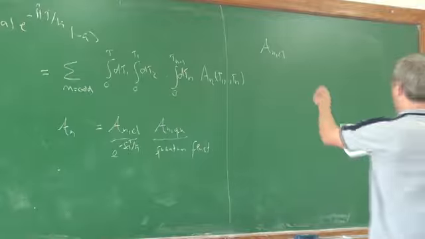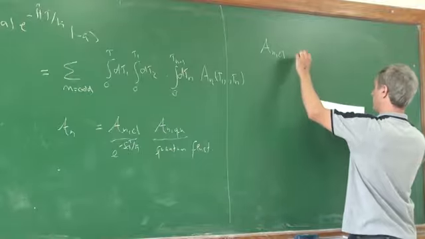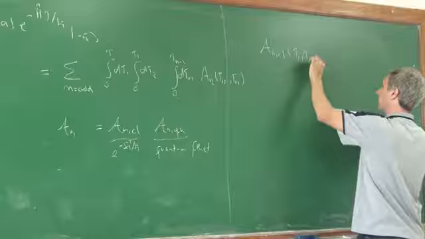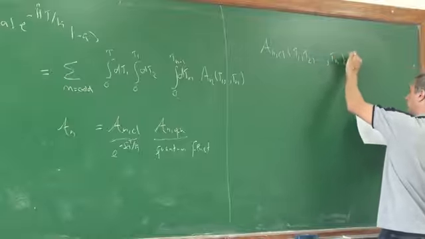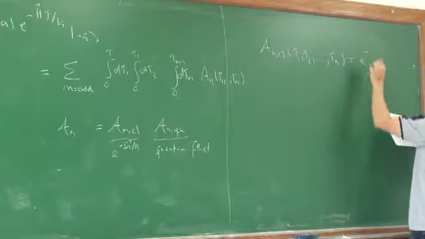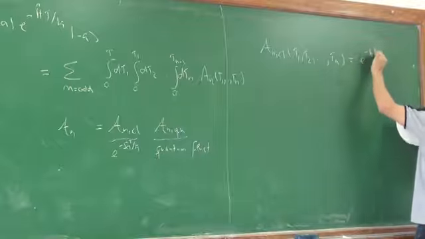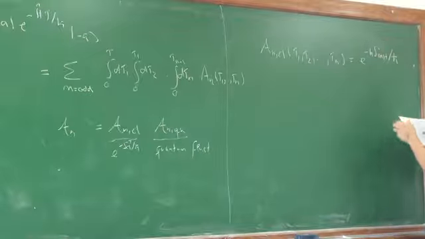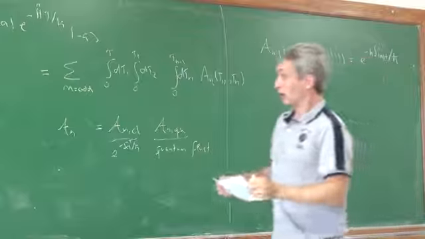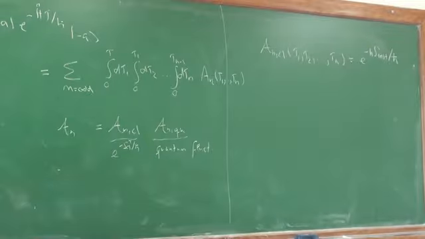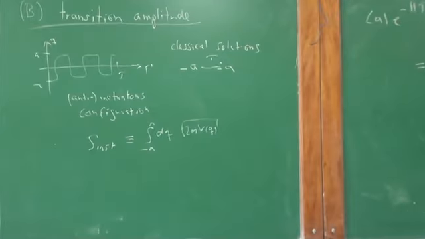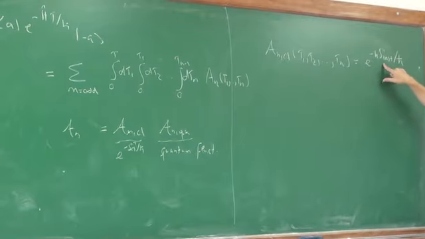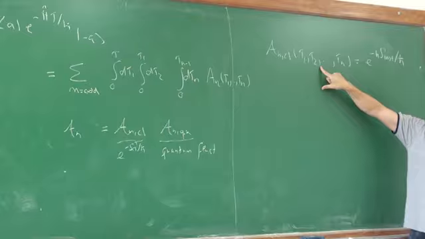And if we have n bounces, then this contribution here, τ1, τ2 and so on up to τn, is just given by e to the minus n times the instanton action divided by h bar, where this is defined here. We make an important observation that the right-hand side here is completely independent of the times when this is going to happen.